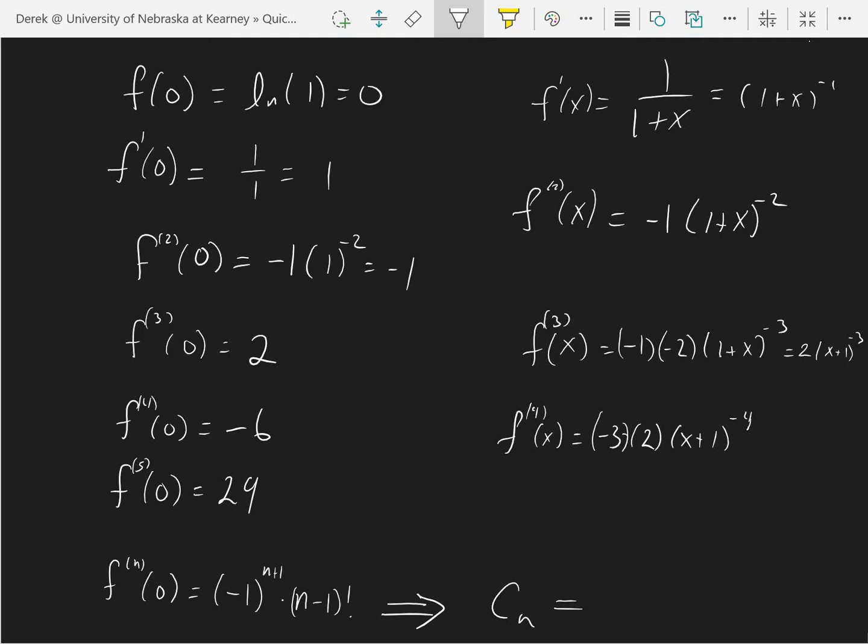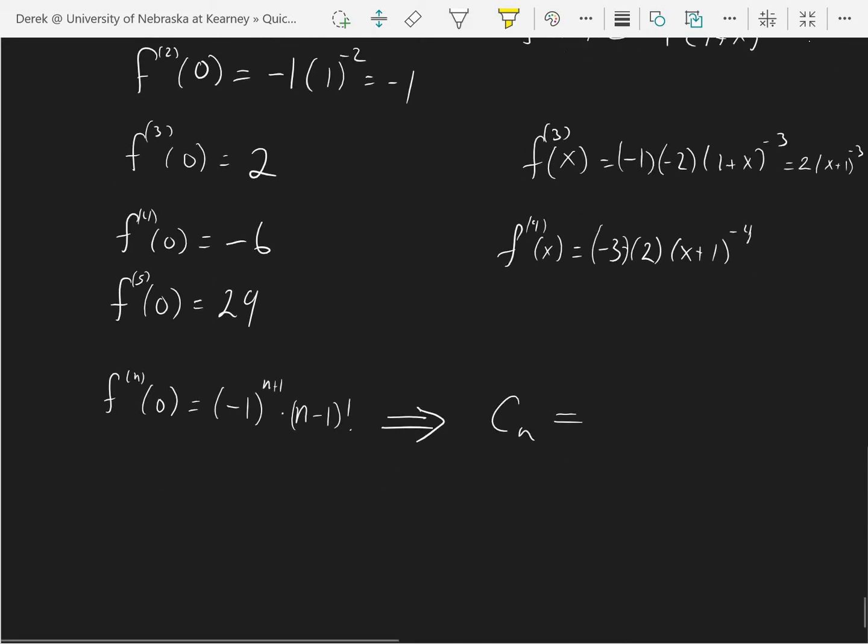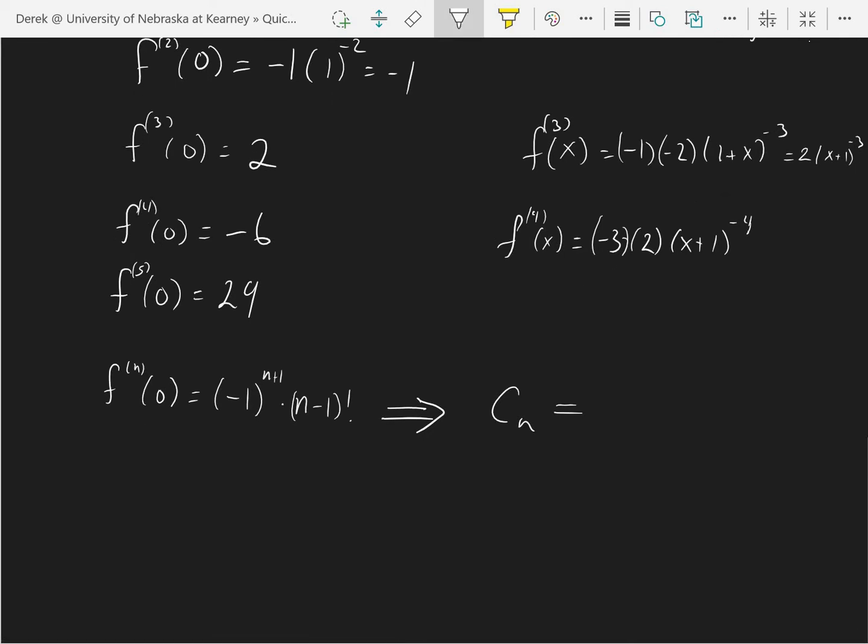So that doesn't quite work for the 0th term, but it should work for the first term because 0 factorial is 1. Yeah, so it works for the first term. It doesn't work for the 0th term, but the 0th term is 0, so I can just omit the 0th term. So what we get is negative 1 to the n plus 1 times n minus 1 factorial over n factorial, and this is for n bigger than or equal to 1.